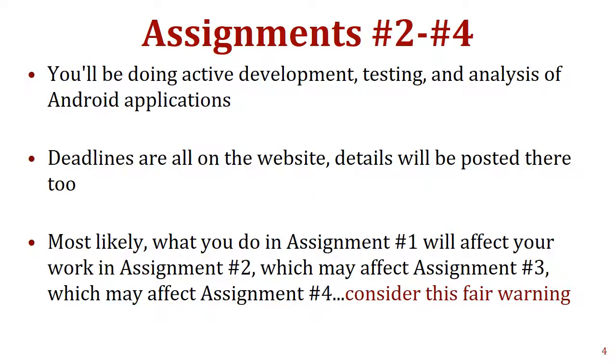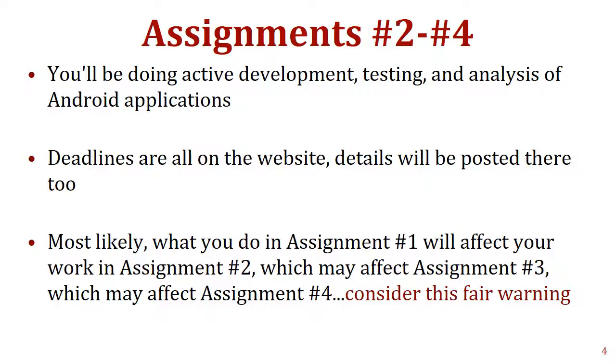We have 4 assignments in the class, and they are designed so that you can do active development, testing, and analysis of Android applications. Remember in the first lecture, we hope that when you finish the class, you can be either a good security engineer or a good security researcher in the mobile space.